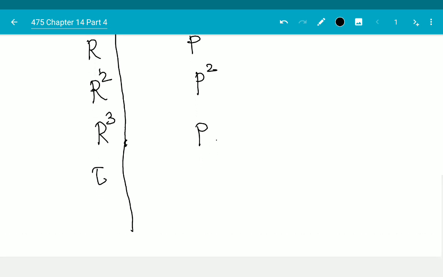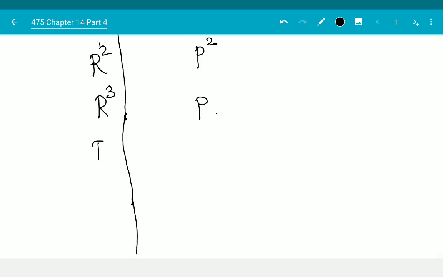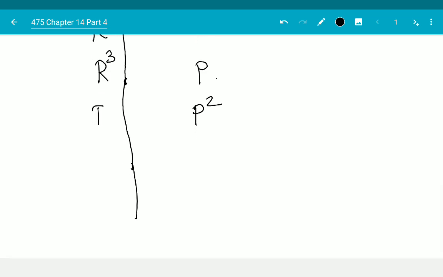Tau, or T, not tau. I was saying T. General notation uses tau and rho, but I'm using T and R. The reflection has P squared choices. Again, last time we did A, B, B, A, and that gave me P squared choices. R composed with T gave me P cubed choices.